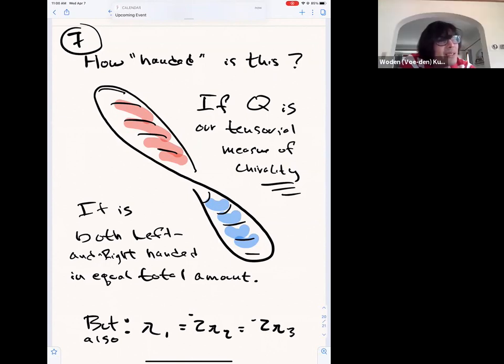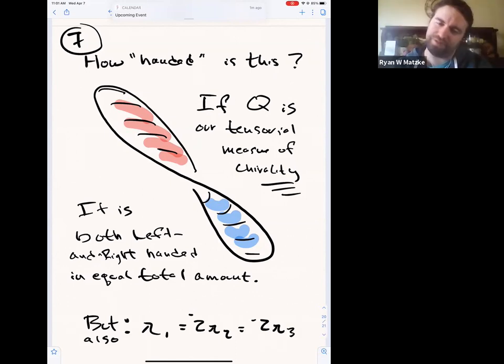Well, here's one fun thing. When you're doing astronomical surveys, people are looking for handed molecules because they're signs of life, or signs of some process that has a bias in a particular direction.